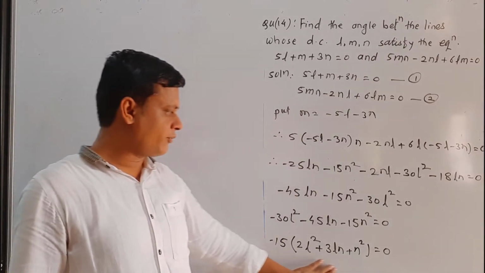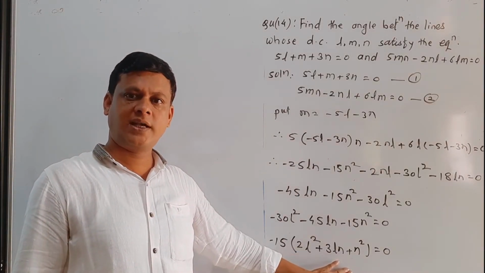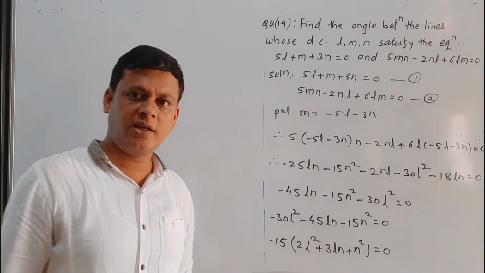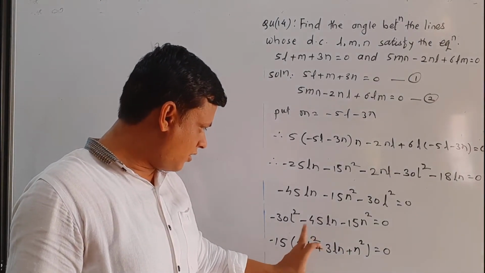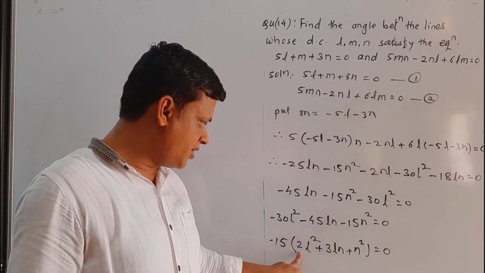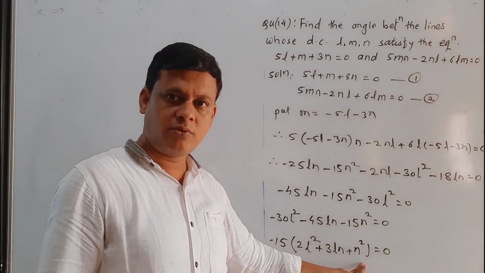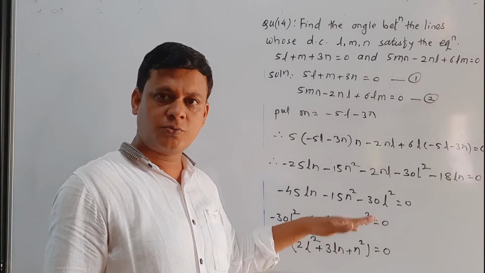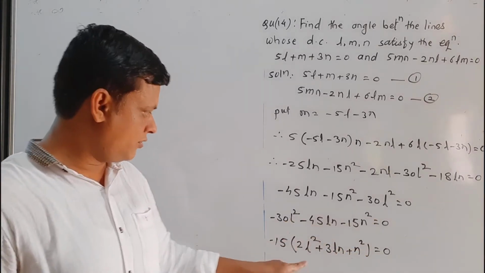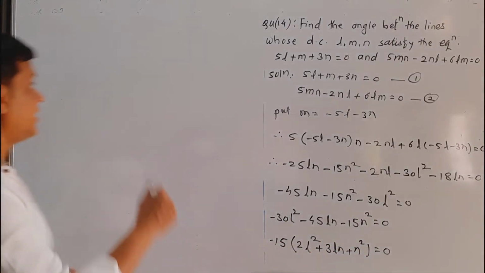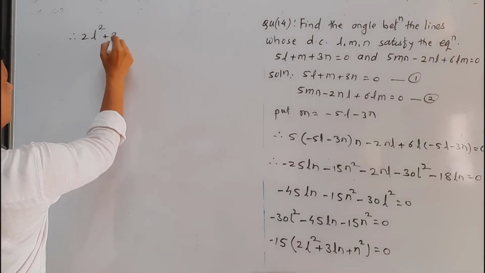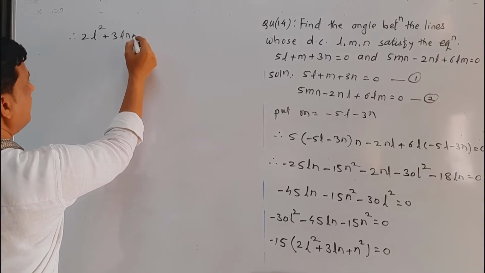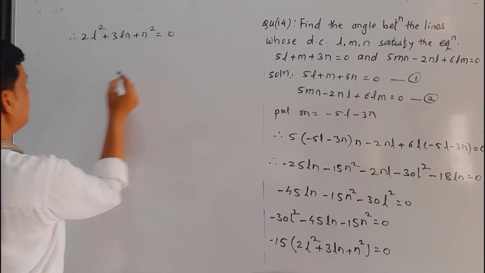Now such types of problem we solve in pair of straight lines while separating the equations. So we observe the coefficient of l square, which is 2. Coefficient of n square is 1, so 2 into 1 is 2. So we have to split up that 2 so as to get their sum is 3. So we write here, therefore 2l square plus 3ln plus n square equal to 0.